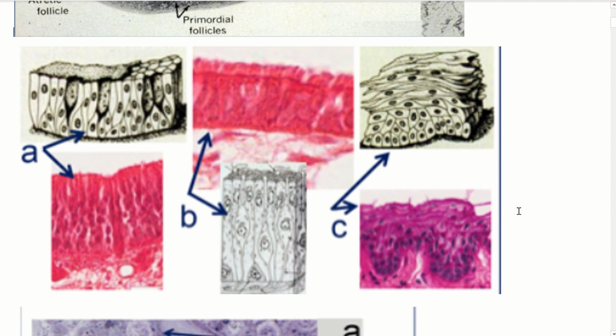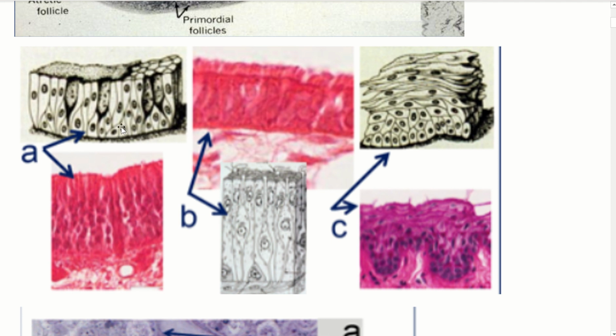Okay, moving on. This one is a respiratory system question, and it looks like we might be doing some matching here, right? We've got two options of matching. If you look, this one right here is a diagram of what would be pseudostratified columnar epithelium.